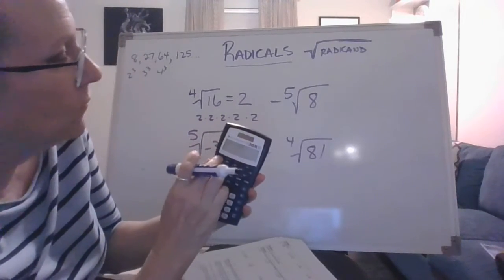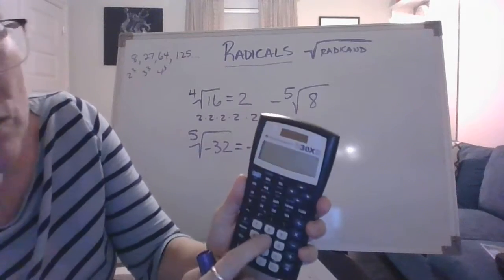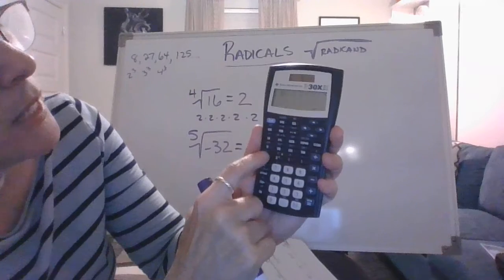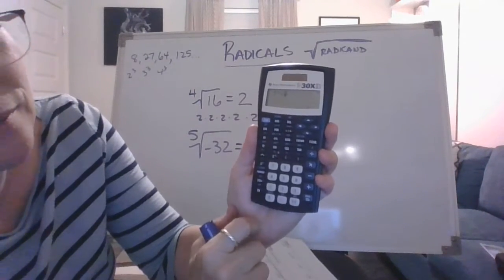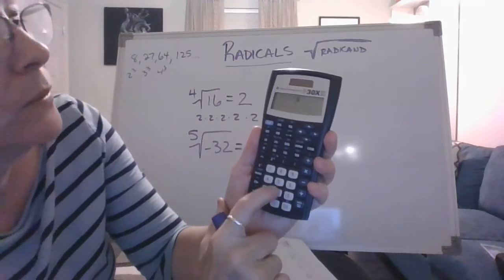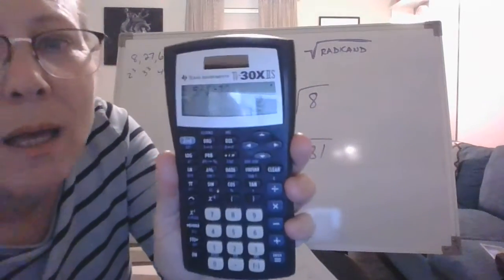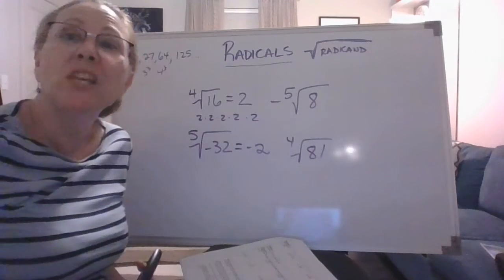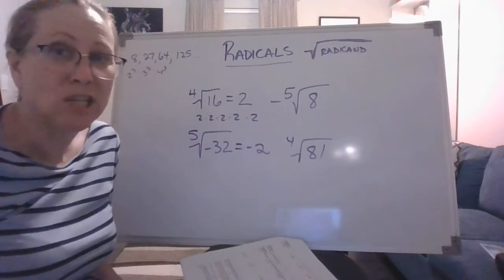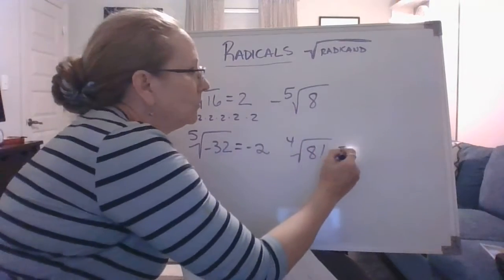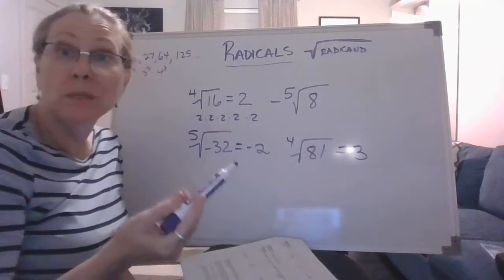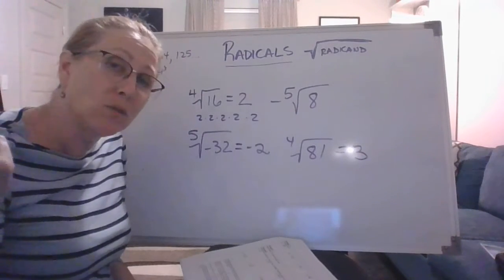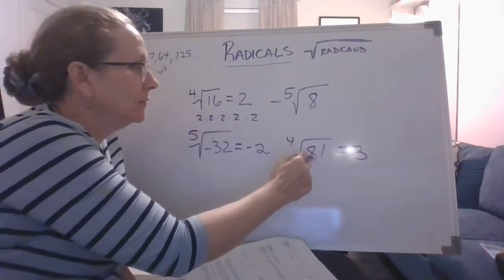So fifth root, 5, second, radical sign, the one with the up arrow, negative 32 equals, bingo, negative 2. So yes, you can use your calculator. It's not cheating. Now, this is 3, or 3 times 3 is 9. 9 times 3 is 27, and 27 times 3 is 81.